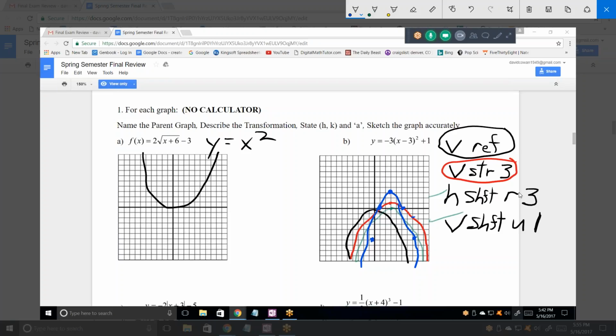In fact, if you had different color pencils or ink and you're doing a test, this would be a great answer. I would love to see that answer from a student. That showed me that he or she did it one transformation at a time, and did the reflections first, not second or third.